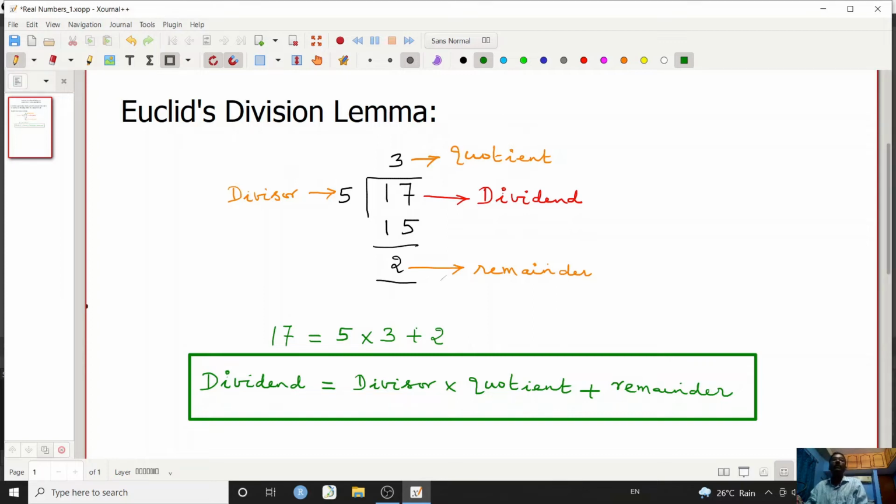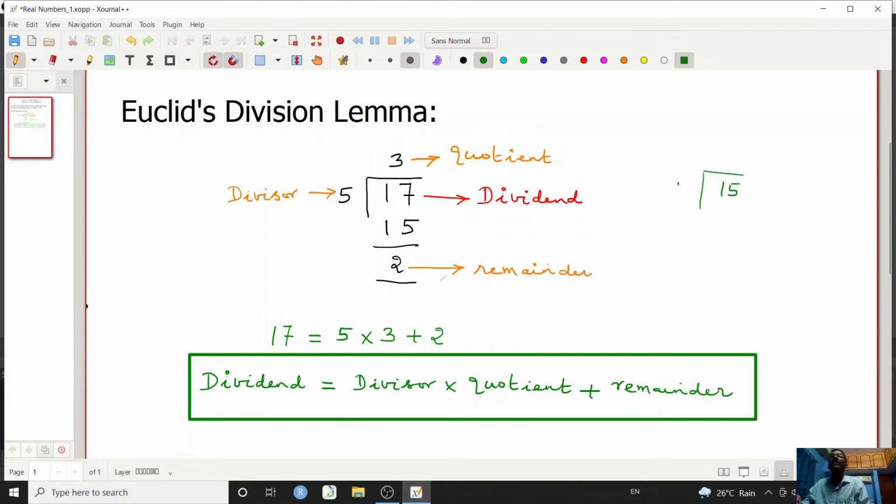And see, students, we have to make an important note here. I have put 17 here. What would have happened if I put 15?